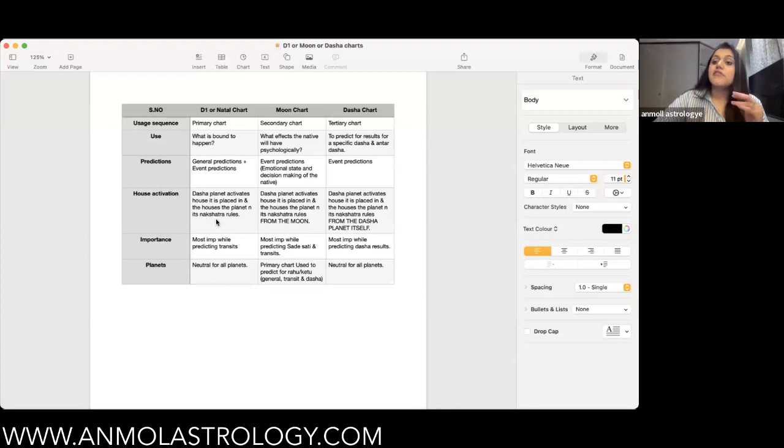So for that individual, Jupiter Mahadasha will activate the 6th house and then the 9th house. And since Jupiter is already placed there and Saturn is in the 10th house, it is going to activate the 6th, 7th, 8th, 9th, and 10th houses.